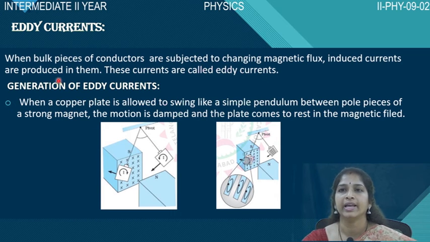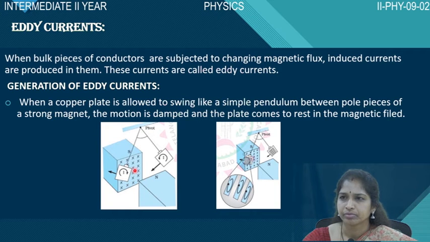How these eddy currents are generated, we can see using this experiment. In this diagram, there are magnetic dipoles. This is the north pole and this is the south pole of the magnetic dipole. Now there is a copper plate. Don't think these are two copper plates, it is only one copper plate.